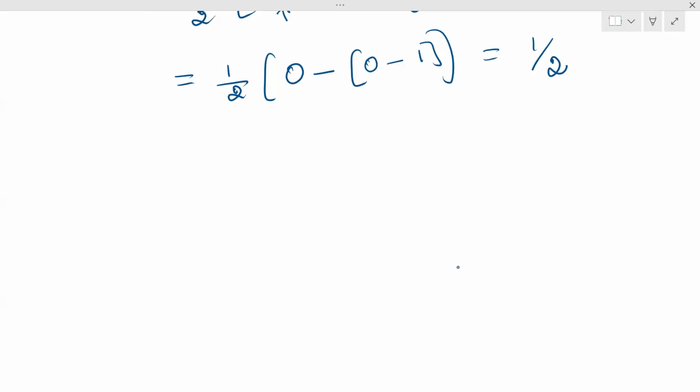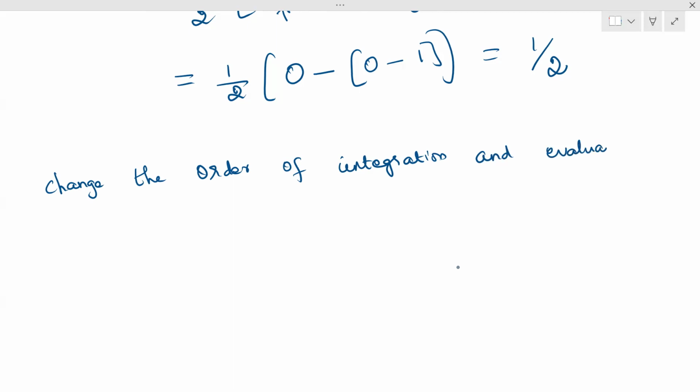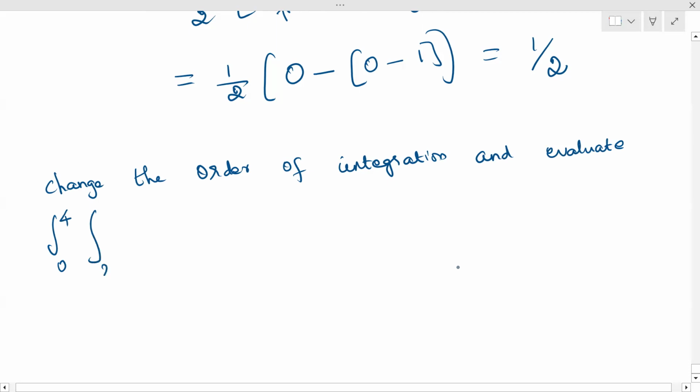So, the next problem: change the order of integration and evaluate the integral 0 to 4.